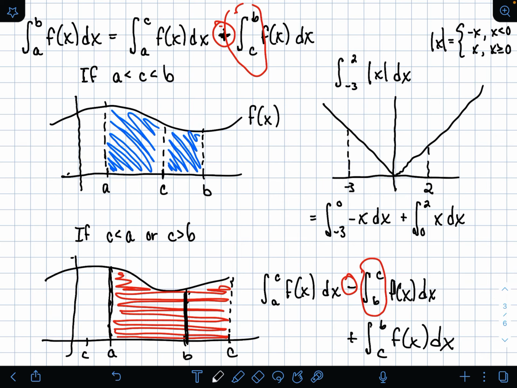All right, there are two other properties which are actually very helpful in evaluating a definite integral. And they should be familiar. We saw them with indefinite integrals and summation and limits and derivatives.